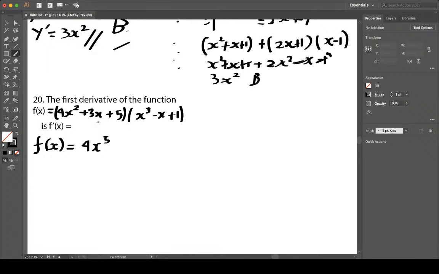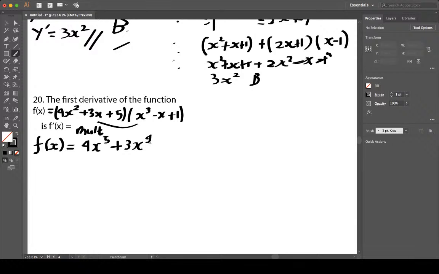So we only care about this guy here. 3x times x cubed would create the 3x to the power 4. So let's write that down. 3 times x to the power 4. I forgot to write this guy. This is multiply. So yeah, that's the power 4.